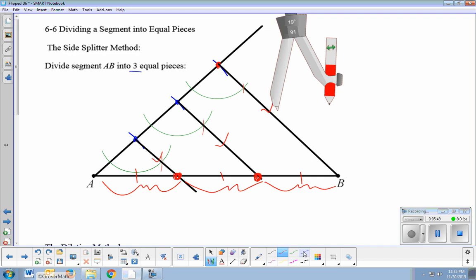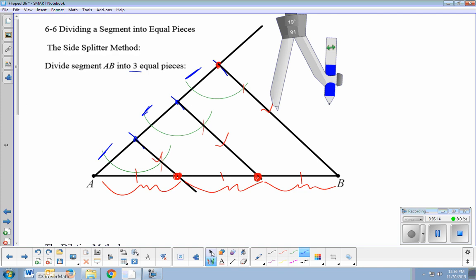That's going to work out, because I know these 3 are equally spaced, and I know these angles are congruent. So essentially what I've done is created a bunch of dilated triangles with congruent angles, and if these are equally spaced, that means these have to be equally spaced because of the side splitter theorem that we learned in our previous video. So that's how you do the side splitter method.